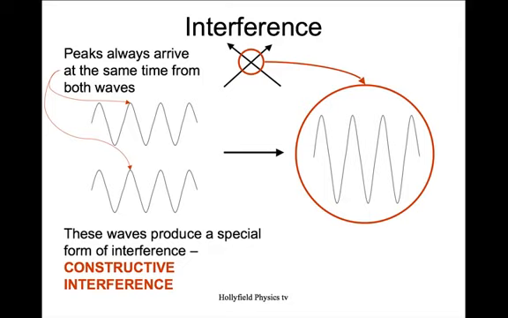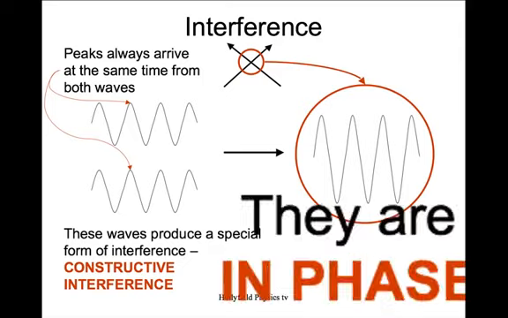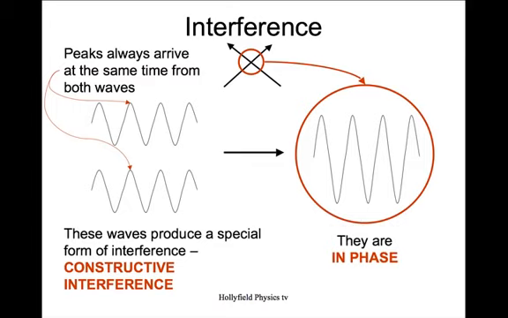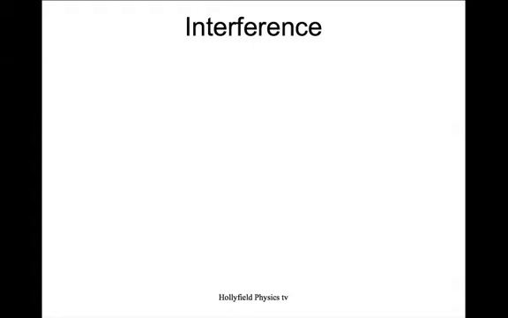This is a special type of interference, and we call it constructive interference. So what's needed for constructive interference is that we've got the same frequency, the same amplitude, and that both waves are in phase.